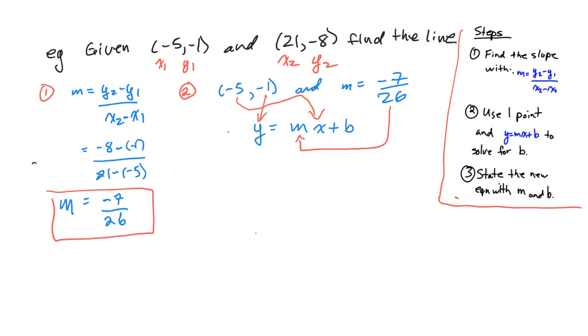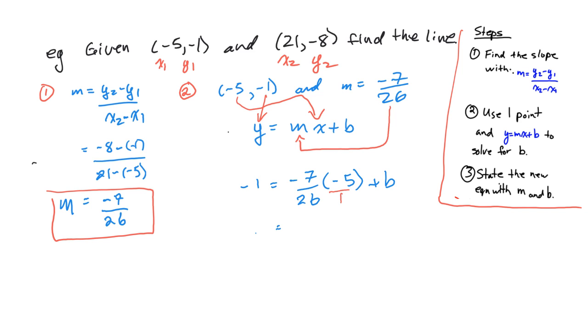So substituting, you're going to get the following. Negative 1 is equal to negative 7 over 26, and then we have to put in -5 and then plus b. So now we do our multiplication. So this is really -5 over 1.